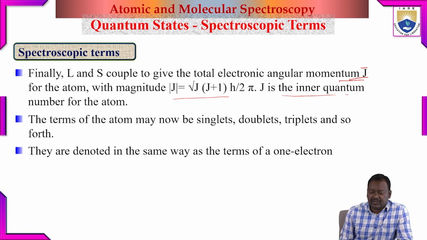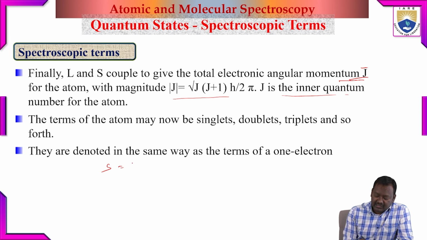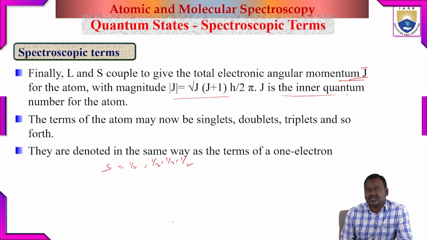So the terms of the atom may now be singlets or doublets or triplets, because we are adding S values for individual electrons if there are several electrons in the same direction. That means 1 by 2. So if there are 4 electrons, each electron can have 1 by 2, 1 by 2, 1 by 2 S values.